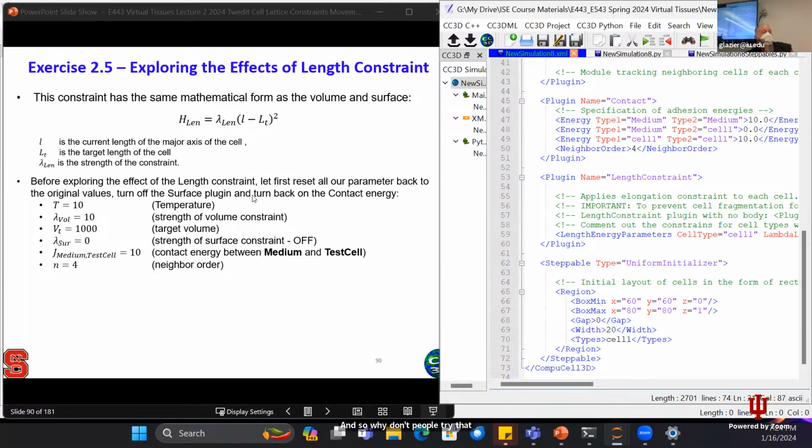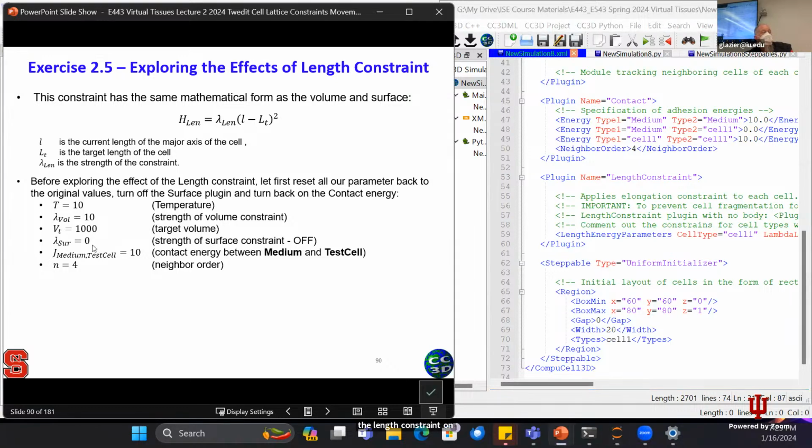Reset your values to your original values, and then turn the length constraint on. We'll turn the surface constraint off. We'll turn the surface energy back on. And now we're going to turn the length constraint on. Okay, try that.